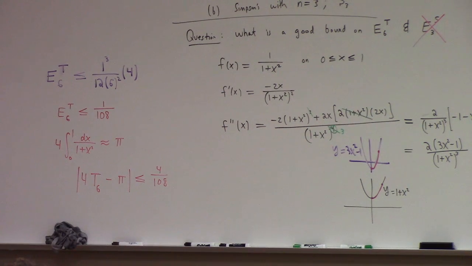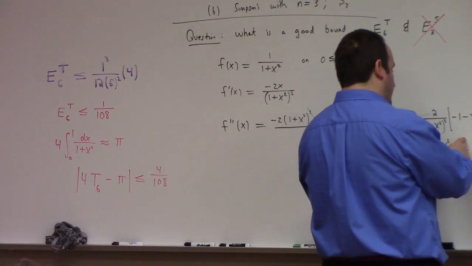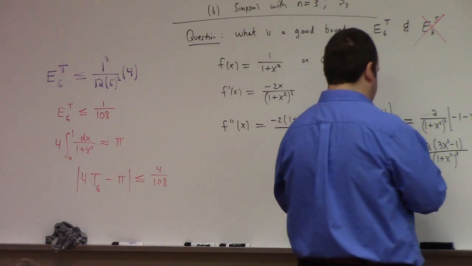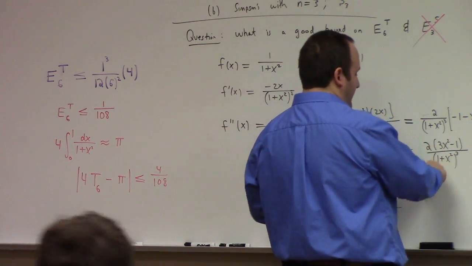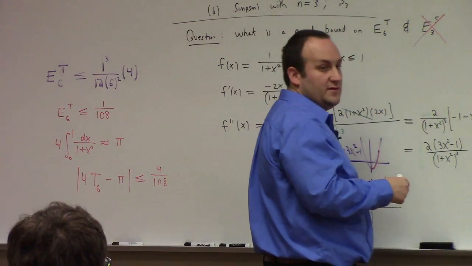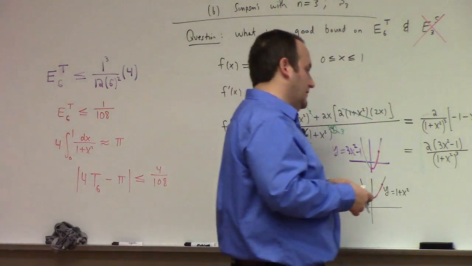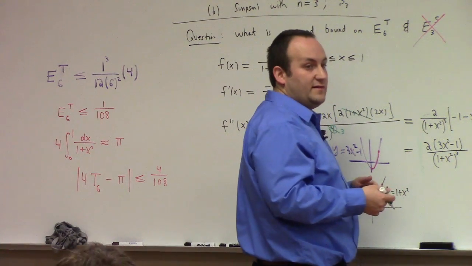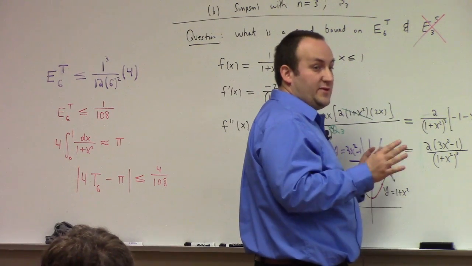Yes, sir. In the red there, you got 2 over 1? What I did, yeah, I know that's a sneaky step. I replaced the numerator with the largest thing. Really, I want to look at, I don't think I even need absolute value bars, but generally speaking, you could simplify your life by putting absolute value bars. We're actually looking for a bound on the absolute value of the derivative. So if the second derivative happened to be between minus 30 and 2, m would be 30.